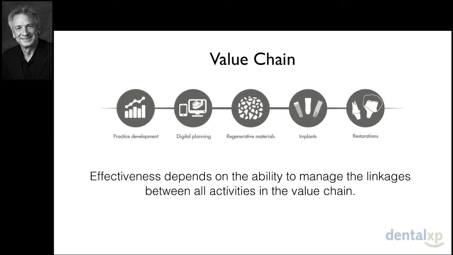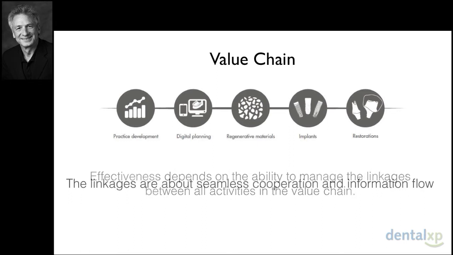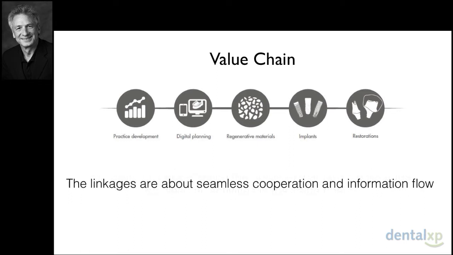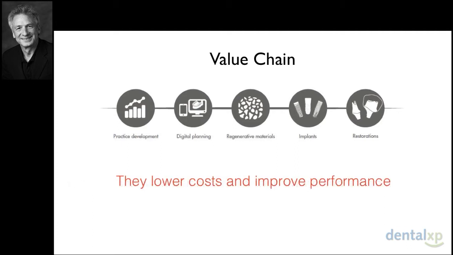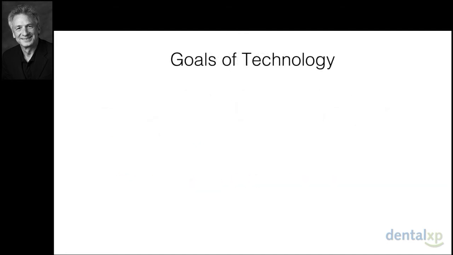It's impactful, but does it impact the value chain, and does it create some impact on workflow and provide some benefits that link other aspects of the value chain? So I would implore you to take a close look at the way that works. The linkages are about seamless cooperation and information flow. They lower cost and improve performance, and I think I'll be able to demonstrate that clearly.